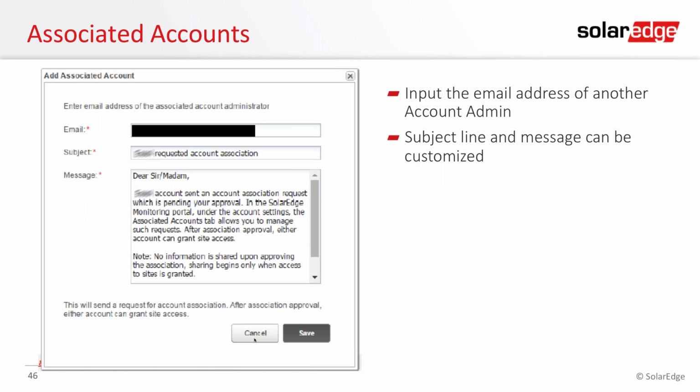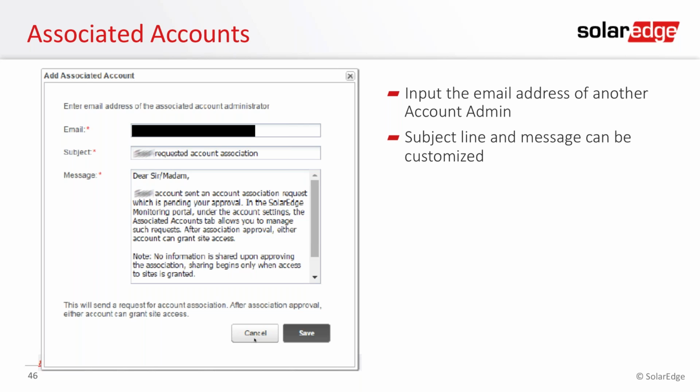You will be presented with a pop-up window. You need to enter the email address of another account admin. And I'm sorry, it's not even really just the account admin. It has to be the email address of the other account that was originally used to create and register the SolarEdge account. You cannot just use any user's account.